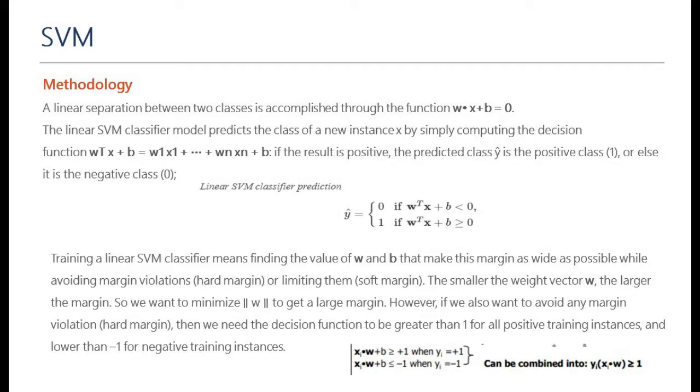The linear support vector machine classifier model predicts the class of a new instance x by simply computing the decision function of the transposed weight vector with the feature vector plus the bias. If the result is positive, the predicted class is the positive class, or else it is the negative class. You can see the y-hat equation down here.